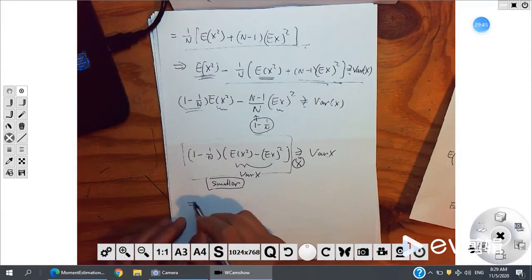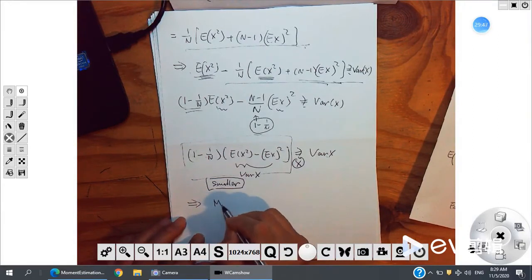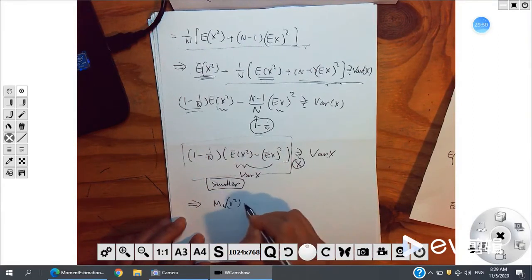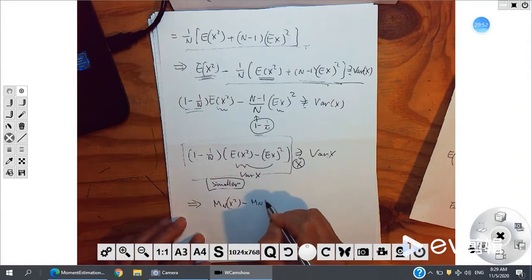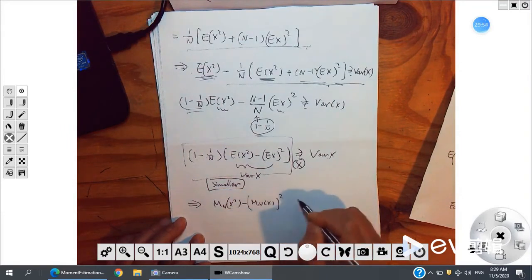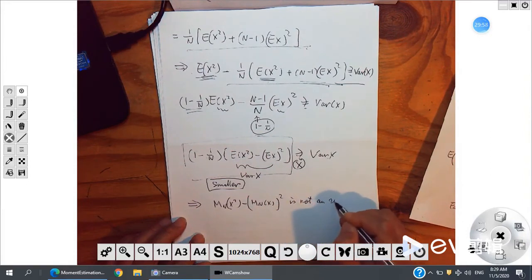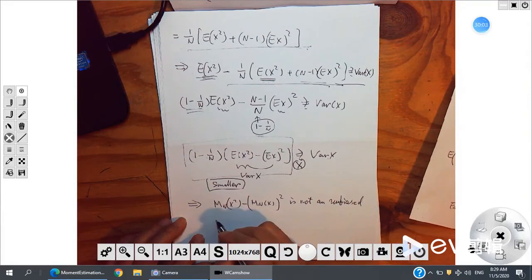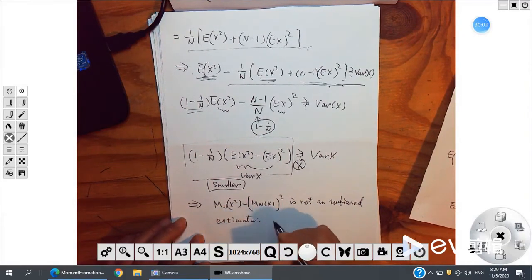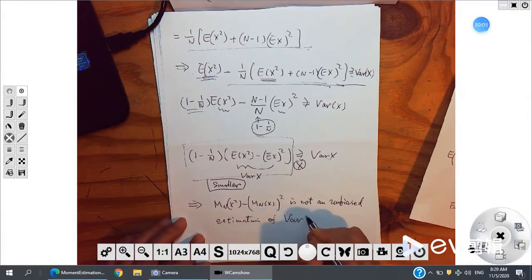Now we'll say the mean of x squared minus the squared sample mean is not an unbiased estimation of the variance of x.